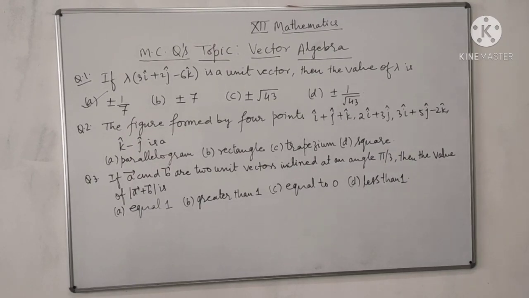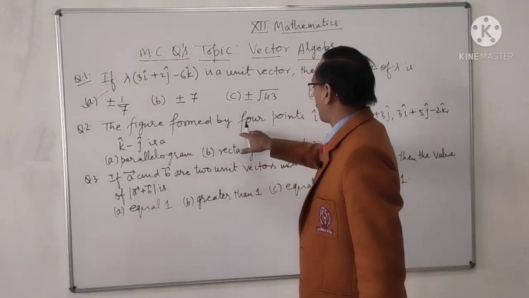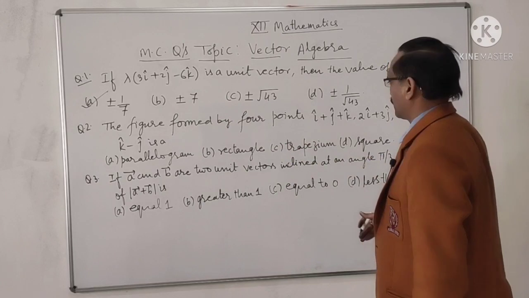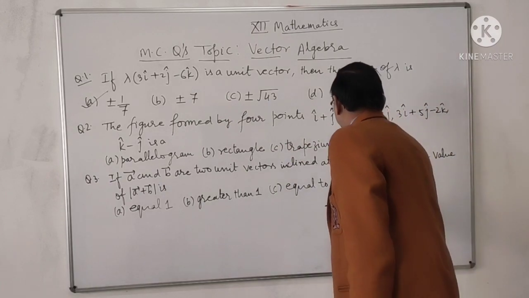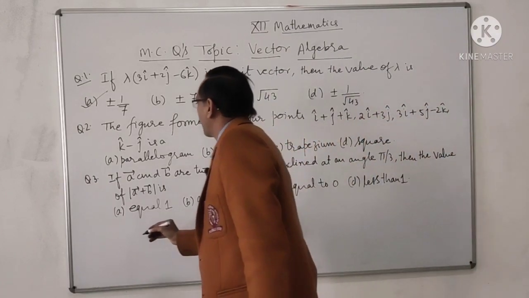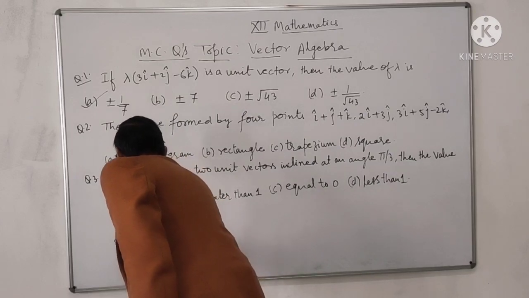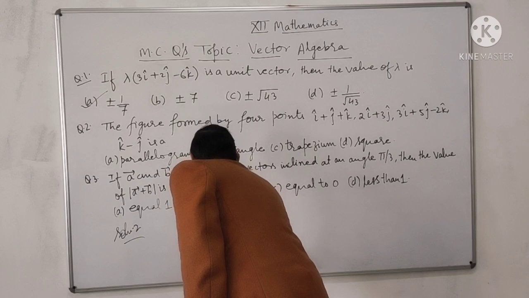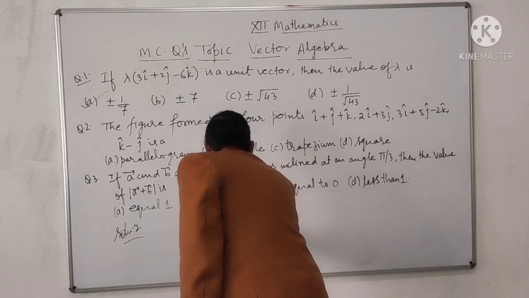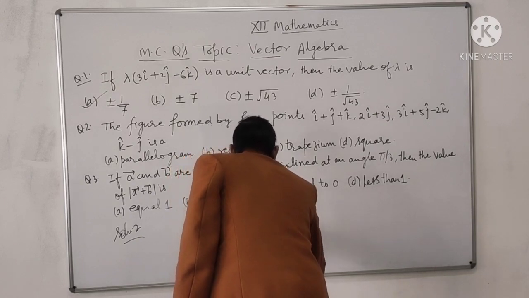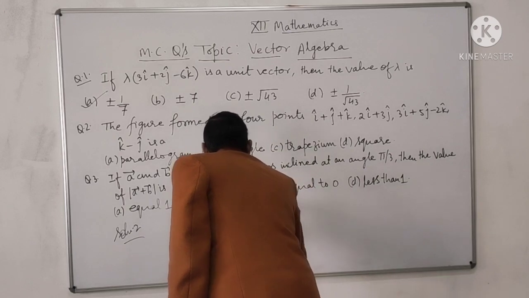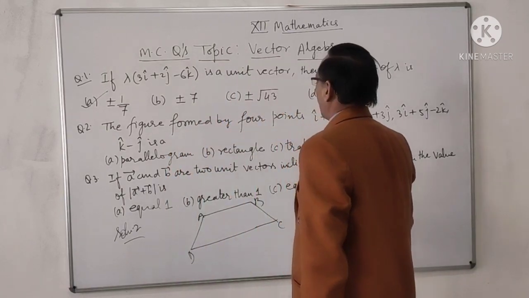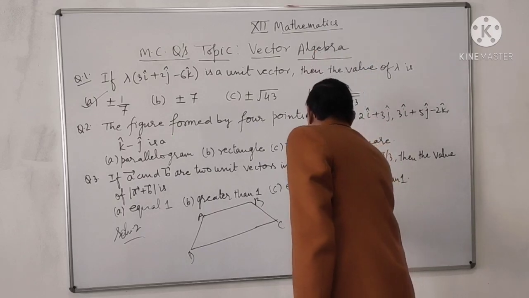Question number 2. The figure formed by the points given here. So there are 4 points. Solution 2. Let the 4 points be A, B, C, D. Let us find the AB vector.